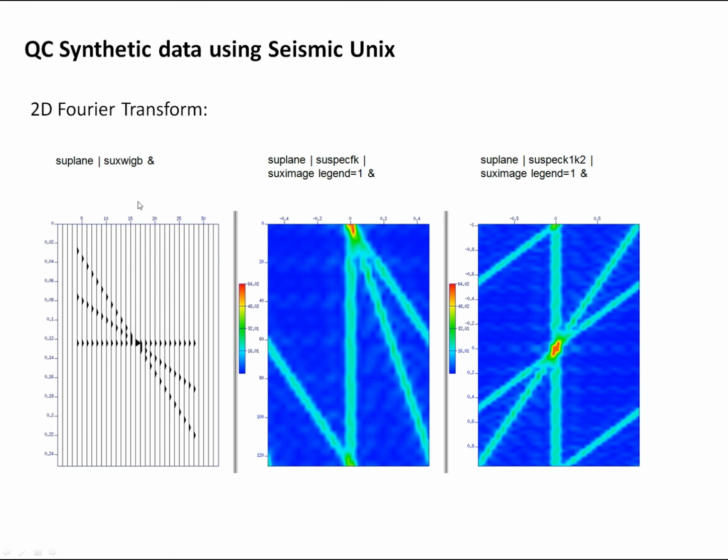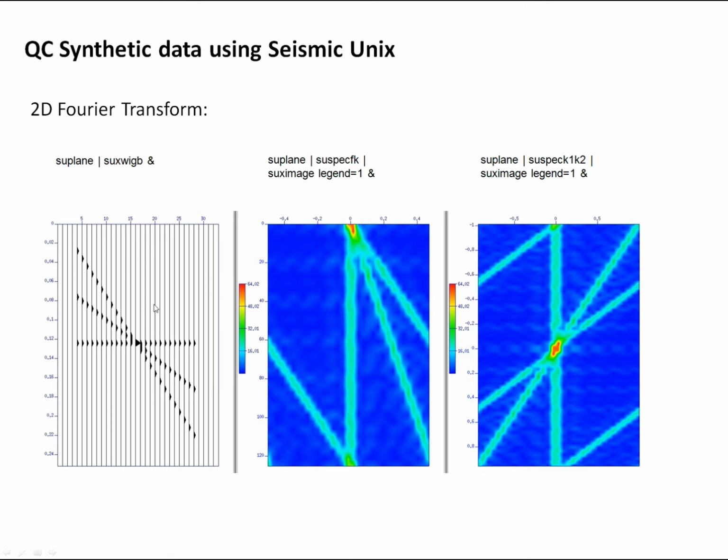Okay, this is to demonstrate the 2D Fourier transform. Your horizontal event in the XT domain will be mapped as vertical, because the tip is 0. Just remember, as a rule, a horizontal event in XT is mapped as vertical, and a vertical event in XT will be mapped as horizontal.